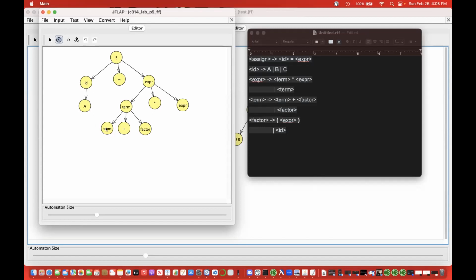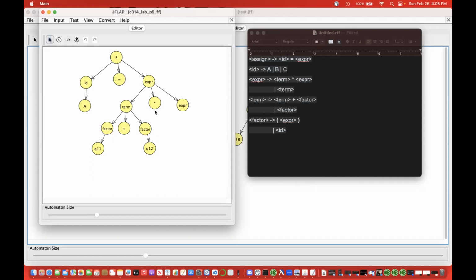Wait, wouldn't it just be better to have them both as factor? Because at this point we're going to get two terms here. It's going to get B plus C. Well, that's what we want. Wait, am I tripping? Okay, that's exactly what we want. I just wrote it wrong. Are we able to do two factors coming from term, or do we have to do a second term that points to a factor?